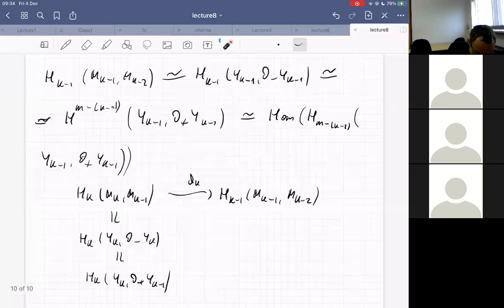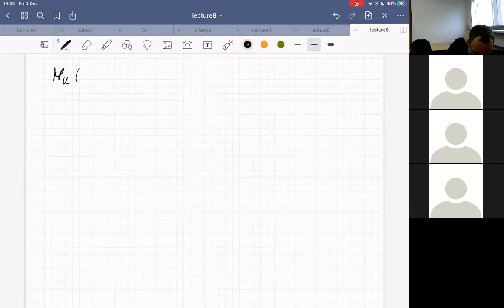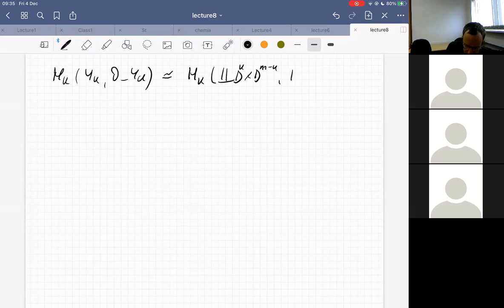All right, so if I say that Hk of (Yk, ∂Yk), then we proved that this is the same as Hk of (Dk × D^(m−k), S^(k−1) × D^(m−k)). That's what we discussed, yes?